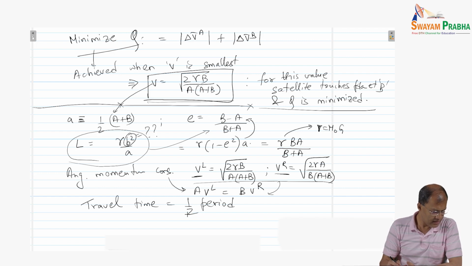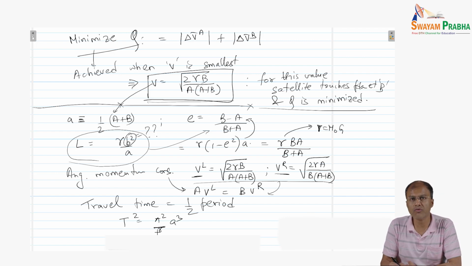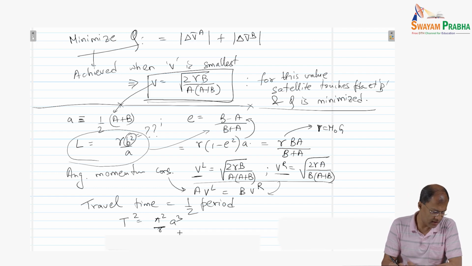And then, using my time taken formula, which we derived last module, my t square comes out to be pi square by gamma A cube. Remember, this is in astronomical units, so you won't see any capital G anywhere, right?